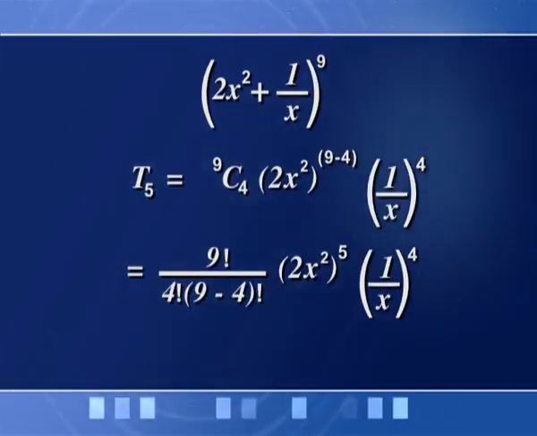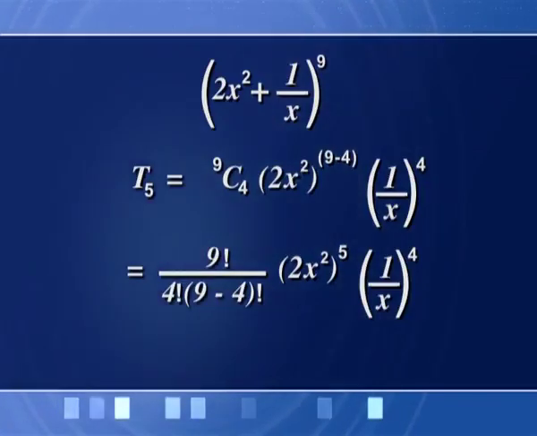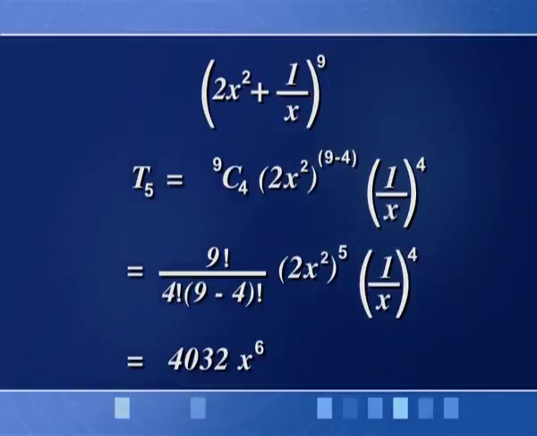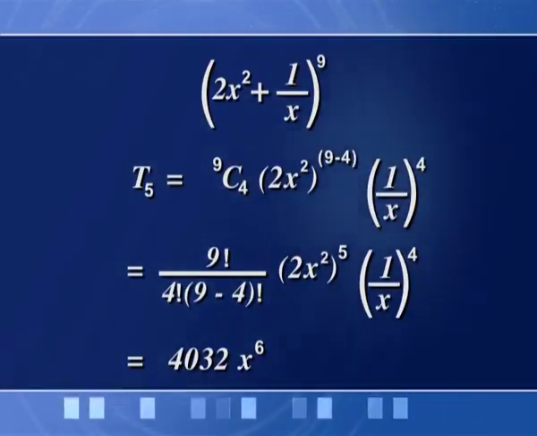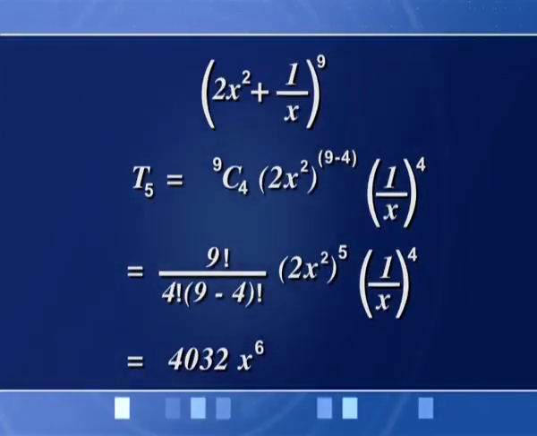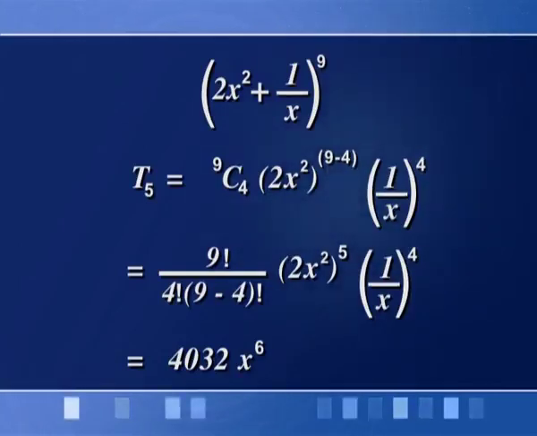So on further simplification, we will get the value 4032 into x raised to the power 6. So this is the first middle term which we will get in the expansion of (2x square plus 1 by x) raised to the power 9.